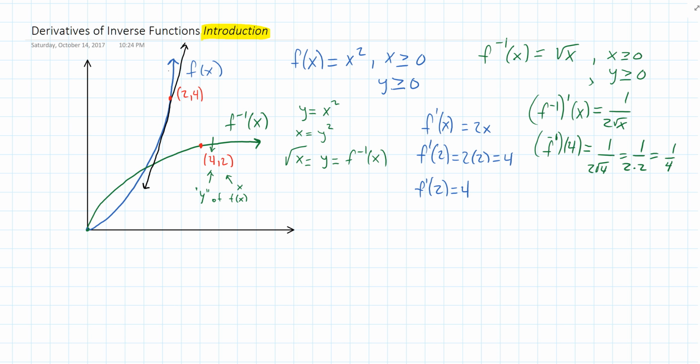I'm going to stop right here. I'm going to let you take a look at the slope for f and the slope for f inverse. What do you notice about those two? They are reciprocals of each other.